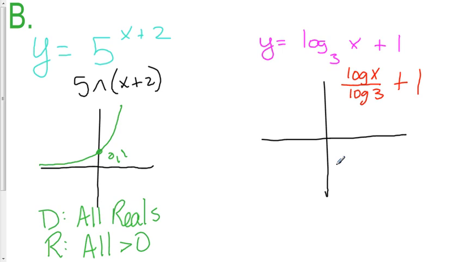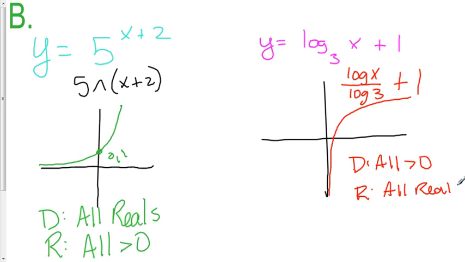And you will get something that looks like this. In a logarithm function, the domain would be all greater than 0, and the range would be all reals. And remember, this is going to shift the graph up 1.